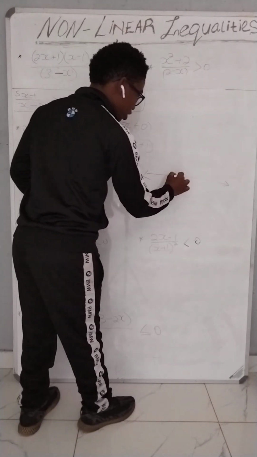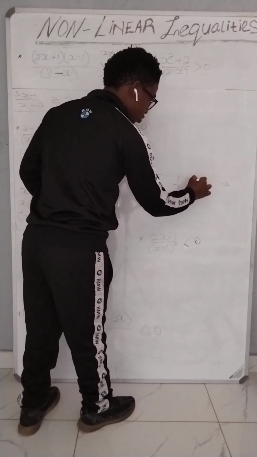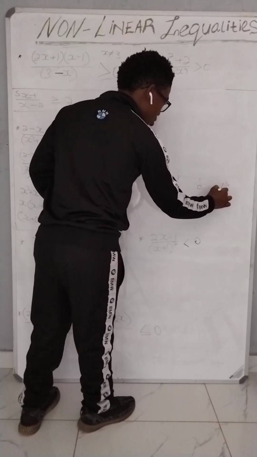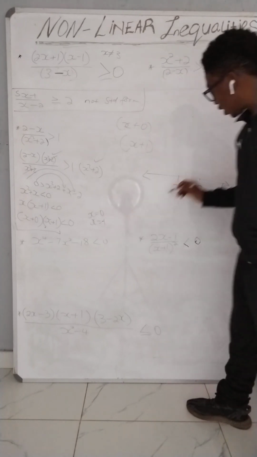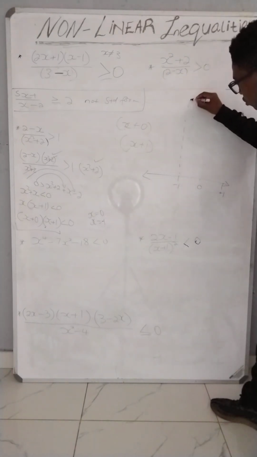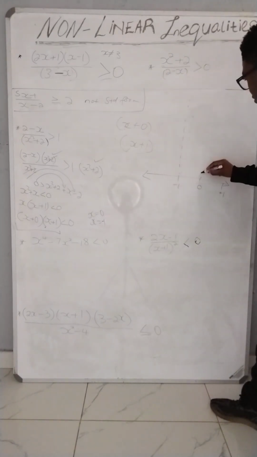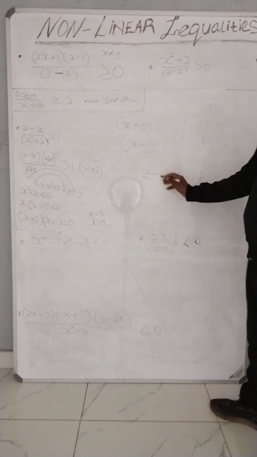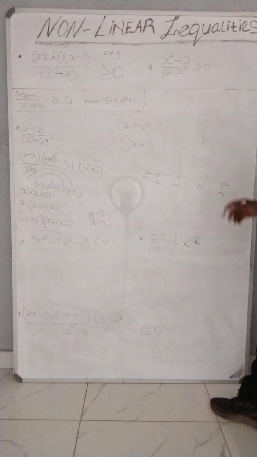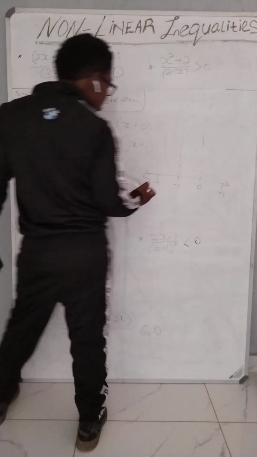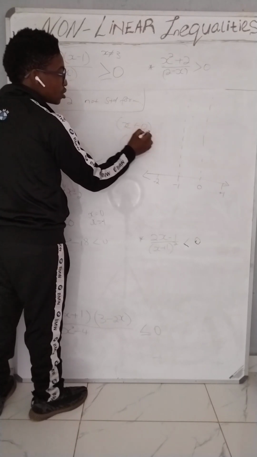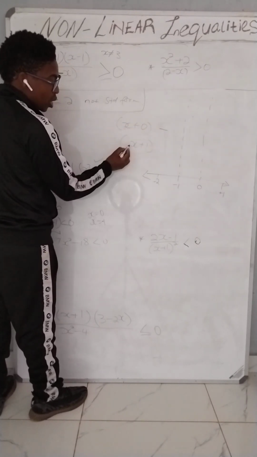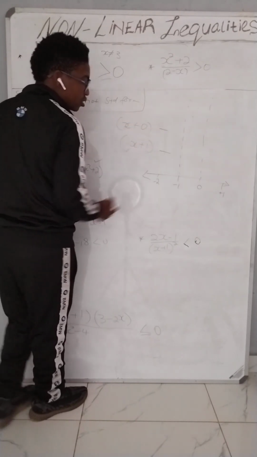So it's like this. You'll have your negative 1, you'll have your 0 here, you'll have your positive 1. But what are you testing? You are testing negative 1 and you are testing 0. So this side you can even have your minus 2. Now if x is minus 2, plus 0 is negative, minus 2 plus 1 is negative.